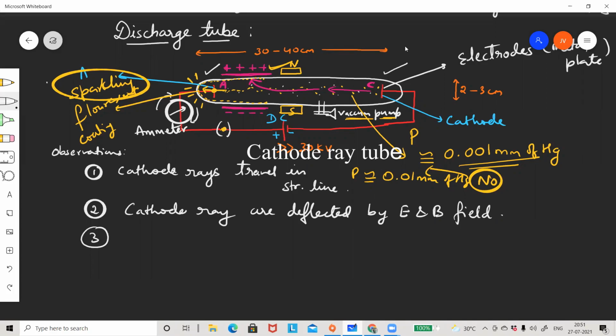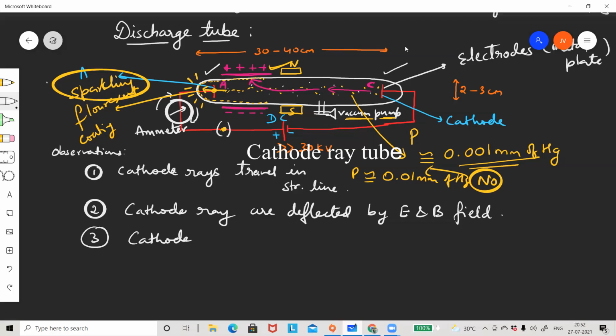And the sparkling was produced because these cathode rays had the property of ionizing any substance. No, not because of the sparkling. You see, these two electrodes are at the extreme ends of this 30 to 40 centimeter long tube. Between them, no water, no wire, nothing, but still the ammeter is showing deflection. That means between them there are some charged particles.